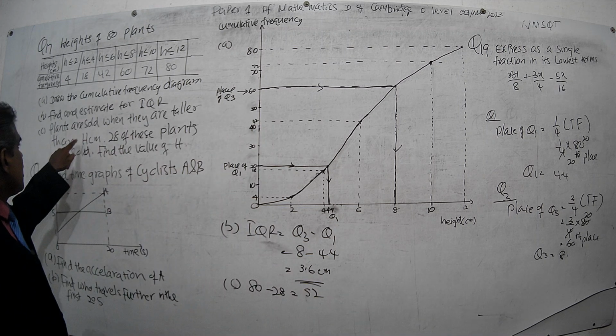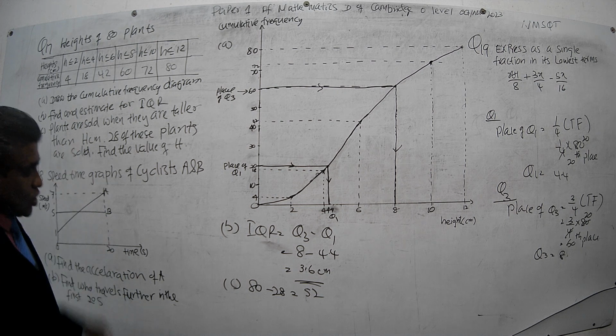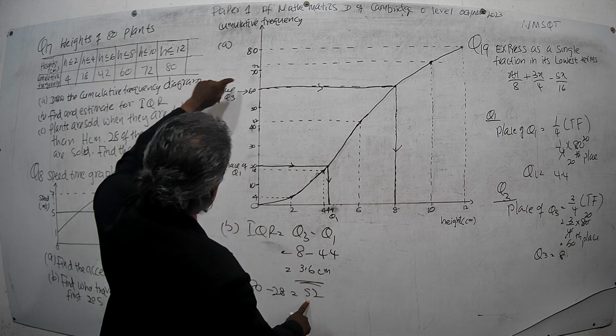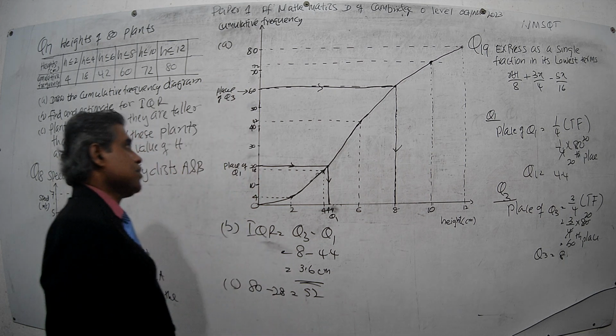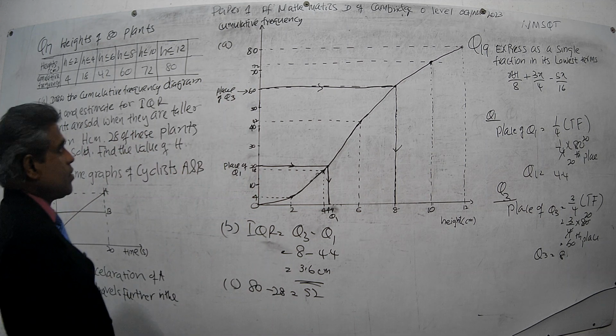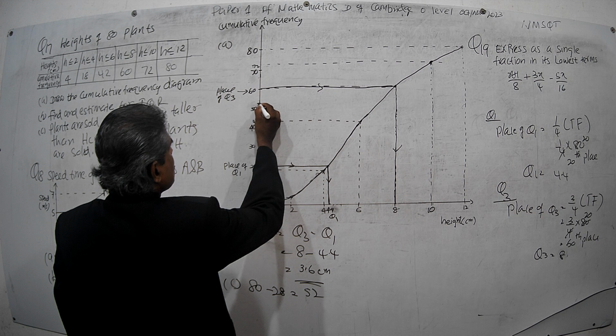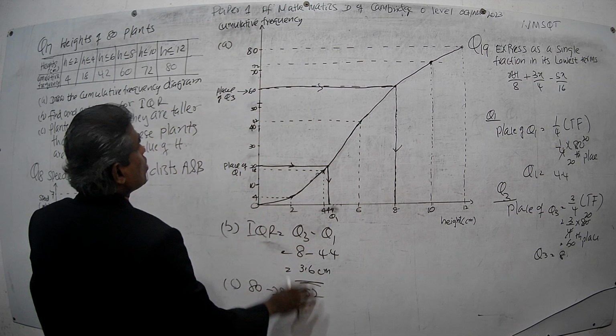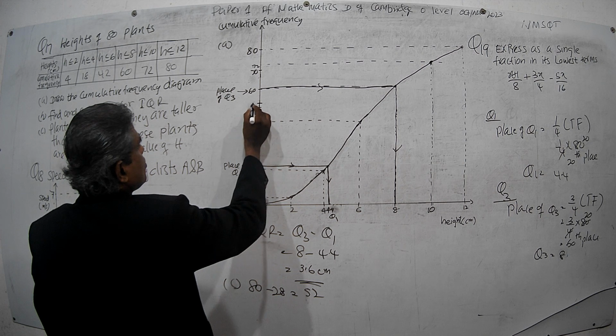It is 52 plants, but let's say it is somewhere here, 52 on the cumulative frequency axis. After you count down from 80 by 28, it is the 52 level. 52 is here.